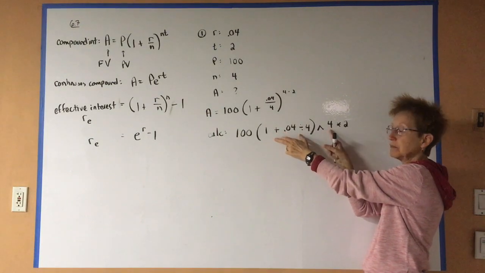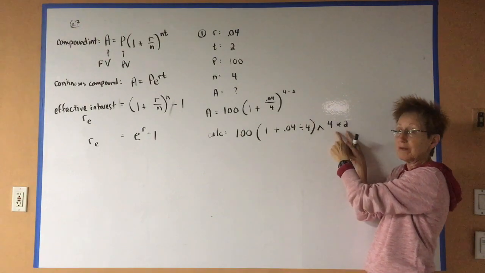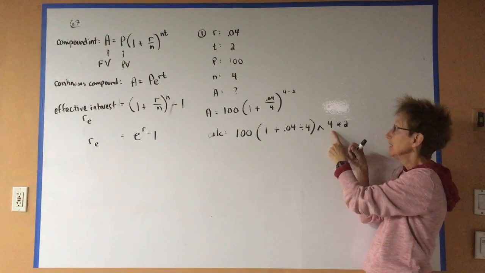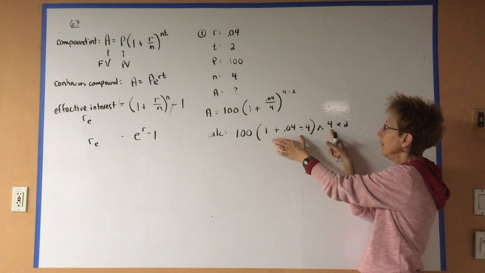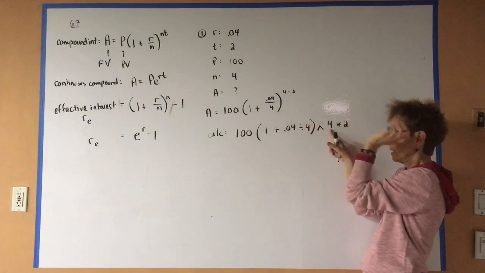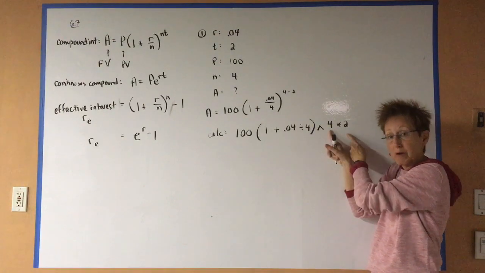It's only going to take it to the power of 4, because you haven't told it to take the power of whatever 4 times 2 is. It'll take this to the power of 4, then multiply that answer times 100, and then take that answer times 2. You don't want the answer times 2. That 2 is part of the power.